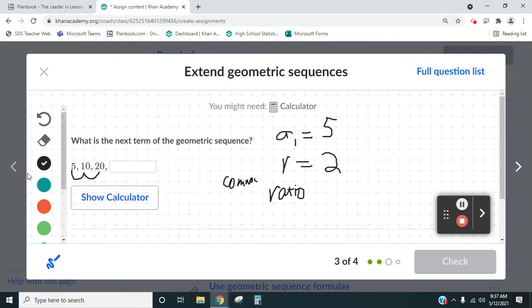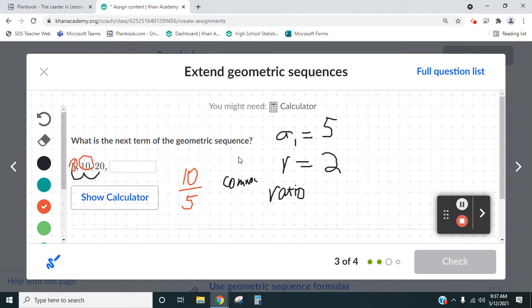Forever and ever on these. Pick any two numbers in order. Divide. Multiplied by.